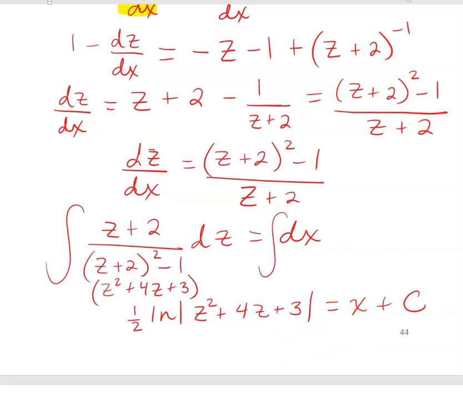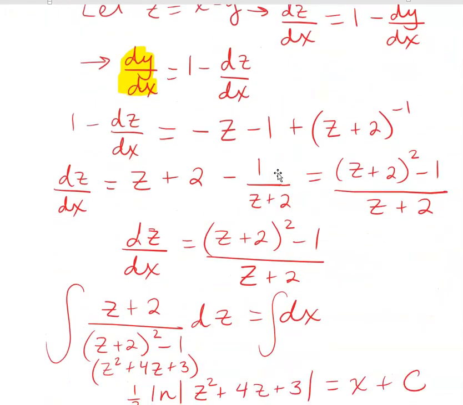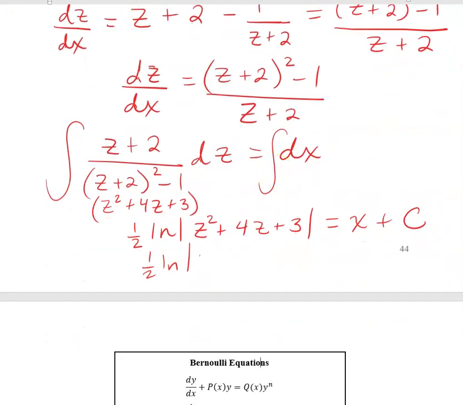What was z equal to again? It was equal to y minus x. So that becomes 1/2 times the natural log of (y minus x) squared plus 4 times (y minus x) plus 3 equals x plus c.